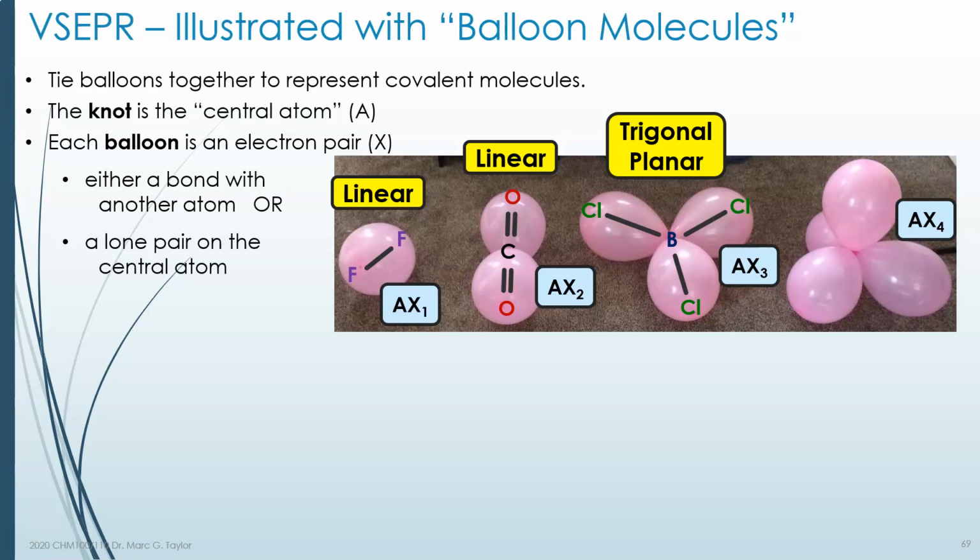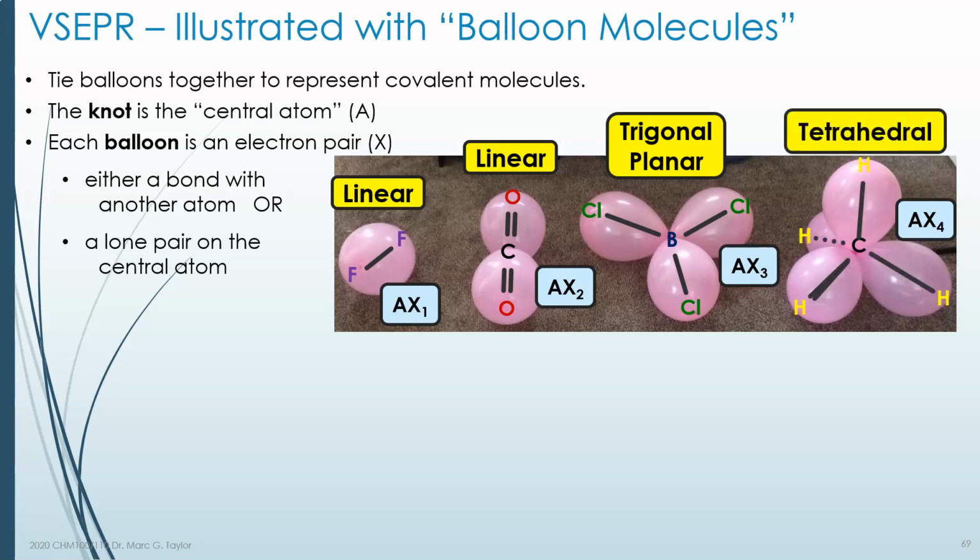An example of that would be boron trichloride. Boron does not have a lone pair, so it just has the three bonded chlorines on it that are all trying to get away from each other. The electrons are what are really trying to get away from each other, and they spread out, and each of those chlorines is bonded to the boron, and they're separated at an angle of 120 degrees each. So that's an AX3 type structure.